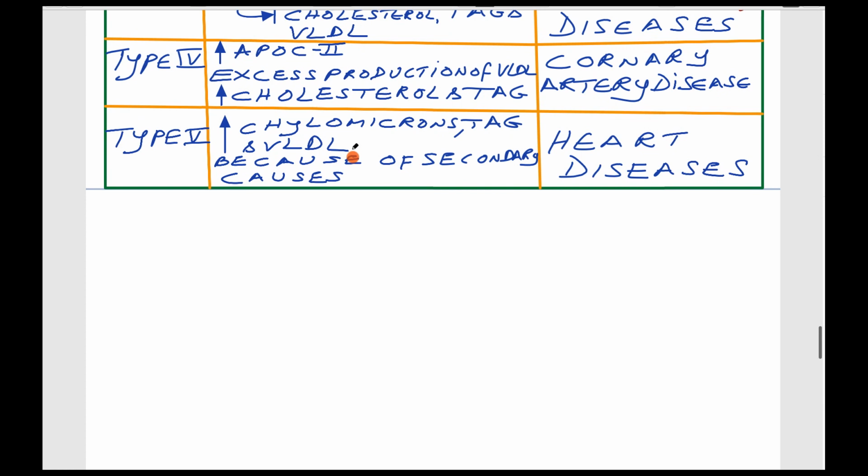Type 5: there is an increase in chylomicron, triacylglycerol, and VLDL levels. It is mostly due to secondary problems like diabetes, nephrotic syndrome, alcohol intake, and obesity. There will be increased chances of development of heart diseases.